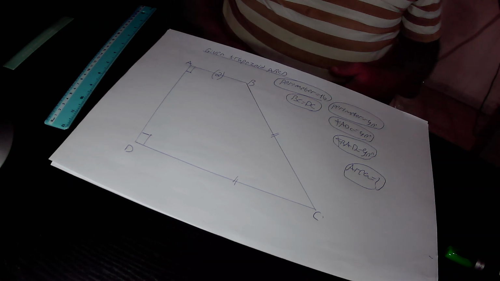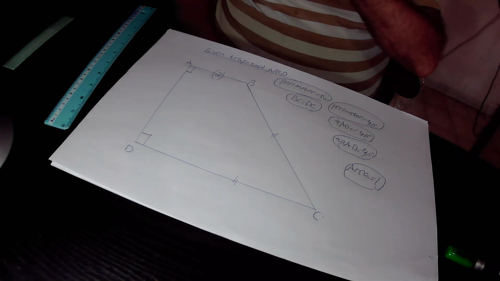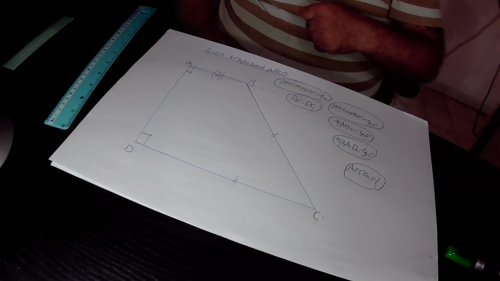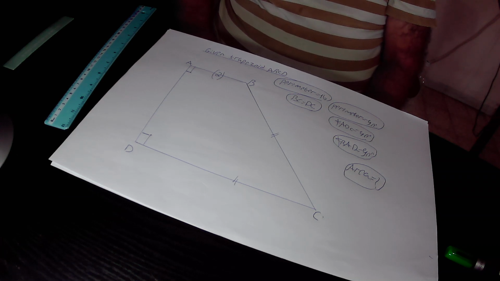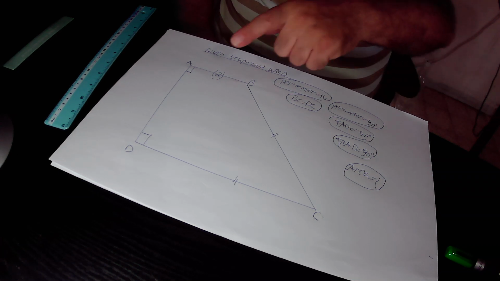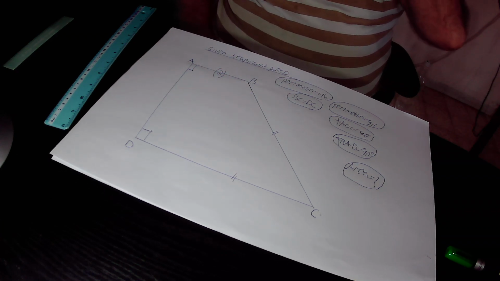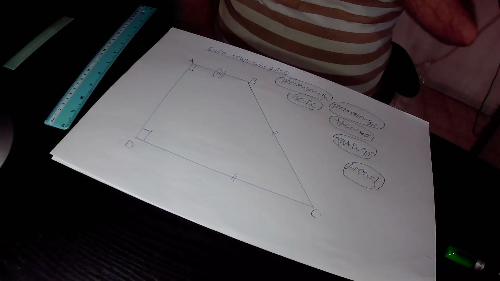In the first question, we find out the area of this trapezoid ABCD. It is given in the question that side AB of this trapezoid ABCD equals 2 units in length, and we also know that those two angles are right angles, and that side DC is equal to side CB.